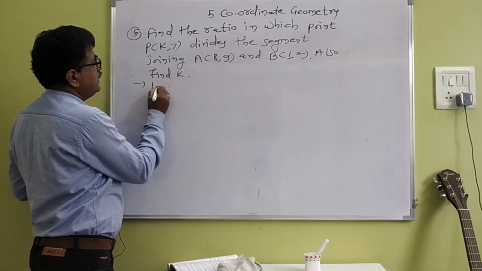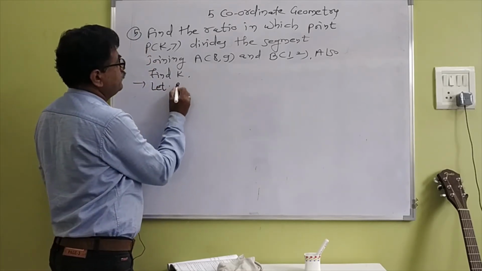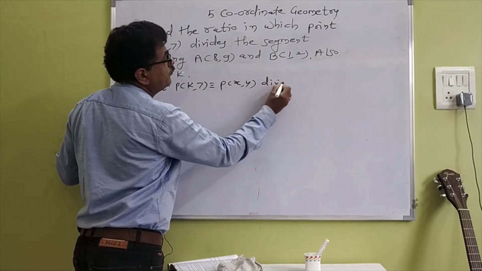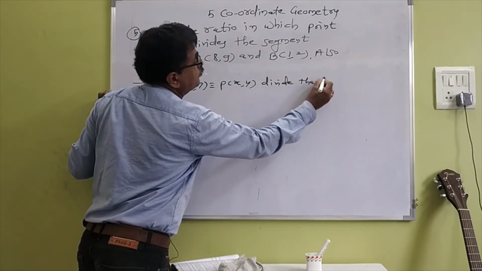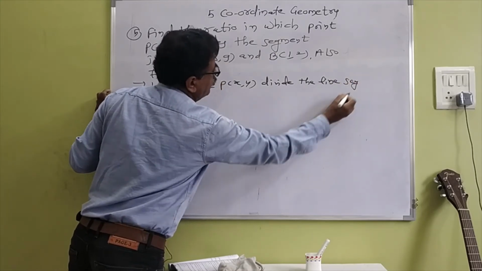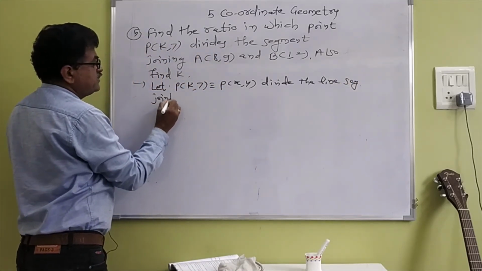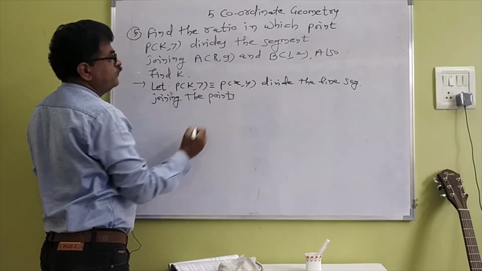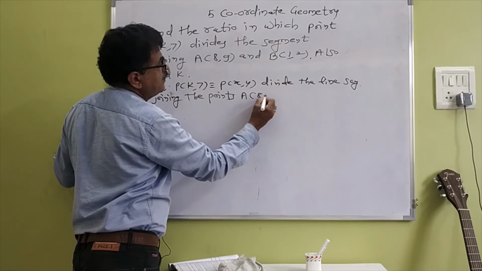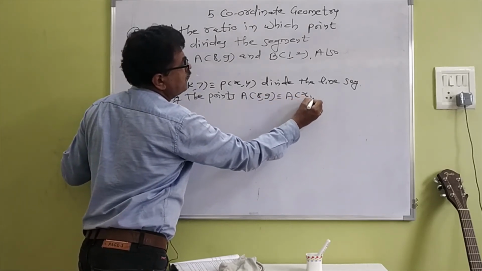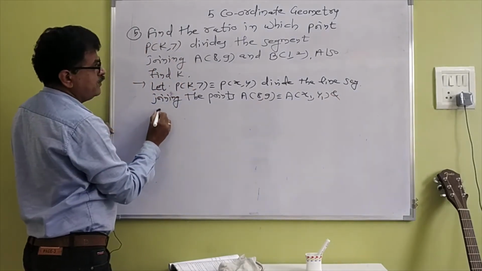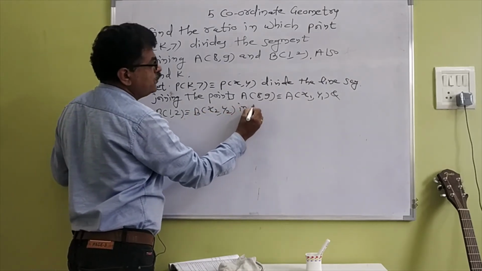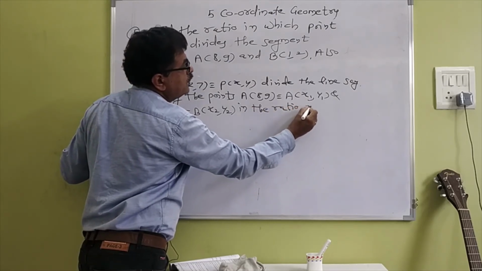Now here first we consider let P of k, 7 is equivalent to P of x y, dividing the line segment joining the points A of 8, 9, equivalent to A of x1, y1, and B of 1, 2, equivalent to B of x2, y2, in the ratio m is to n.